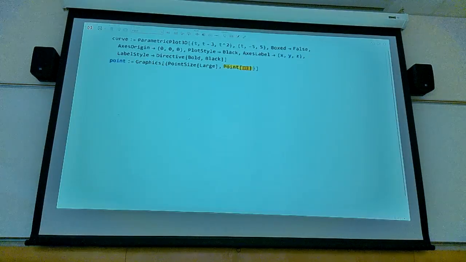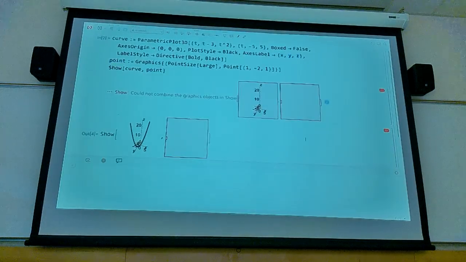The point was (1, -2, 1). Why does it not look like that? Oh, I think that's the graphics.